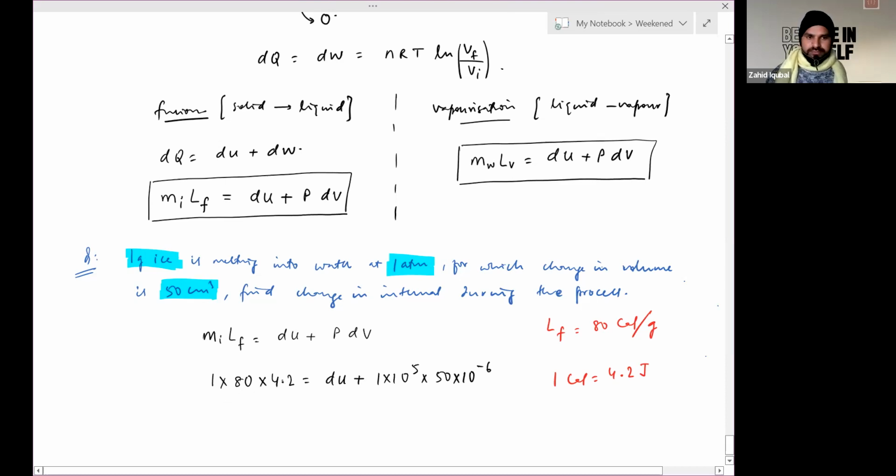So 8 into 2, 16, 8 into 4, 32 plus 1, 33. So it will be 332 joule equals dU plus 10 to the power 5 times 10 to the power minus 6, times 50. It will be just 5. So the change in internal energy during this process will be 332 minus 5, which is 327 joule.